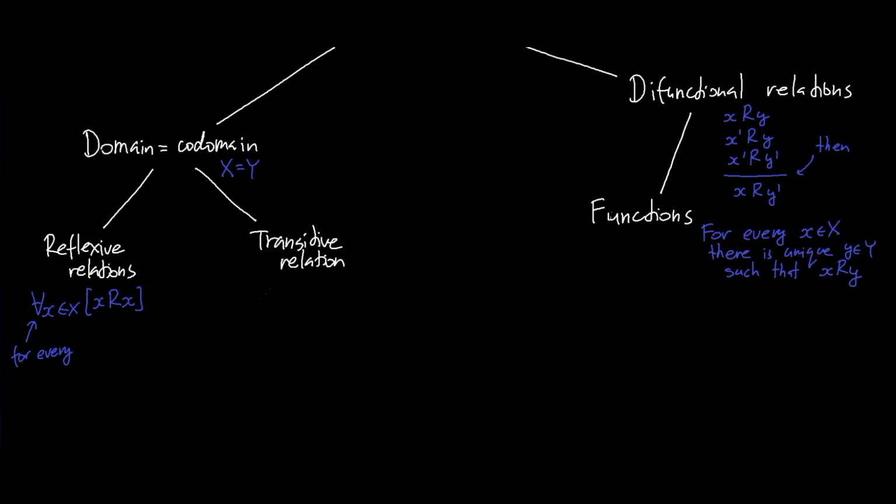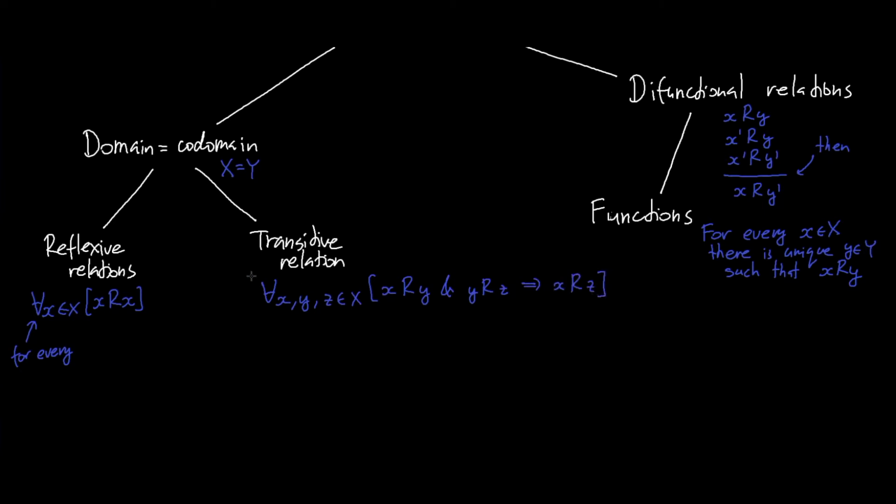What about transitive relations? We in fact already encountered reflexive and transitive relations when we were discussing join semilattices in the other lecture. So these are relations that satisfy the following property. If that is true and this is true, then that must be true.